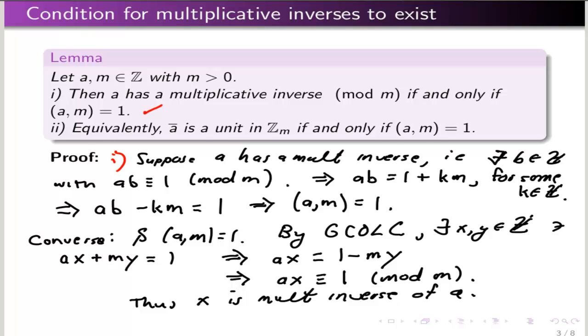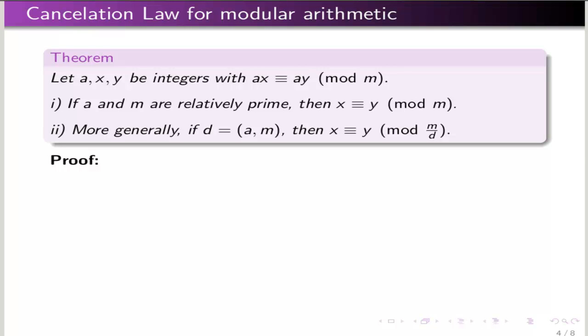Straightforward. The cancellation law for modular arithmetic. So let a, x, and y be integers with ax congruent to ay mod m. I'd like to just cancel the a out on both sides of the equation, but you can't do this always. What we need is that a and m are relatively prime.